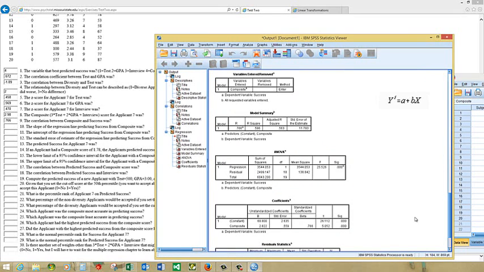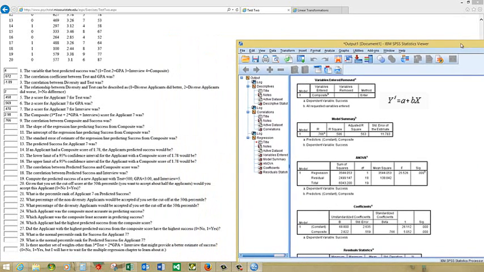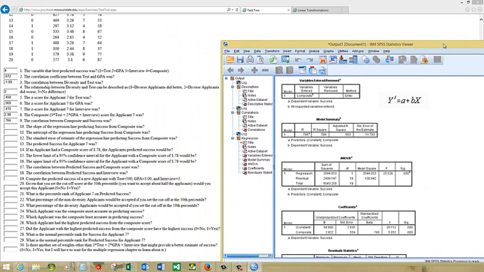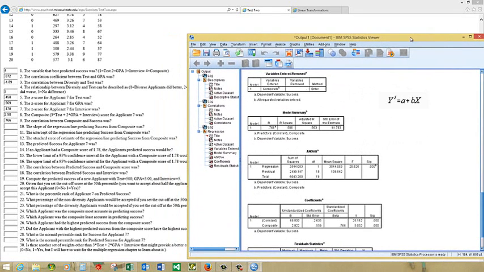I'm just accepting most of the defaults. The R is 0.766. We knew that. Okay. The slope of the regression line, predicting success from composite. We're going to go down here to the coefficients, and we're going to look at the unstandardized coefficient, 2.822.